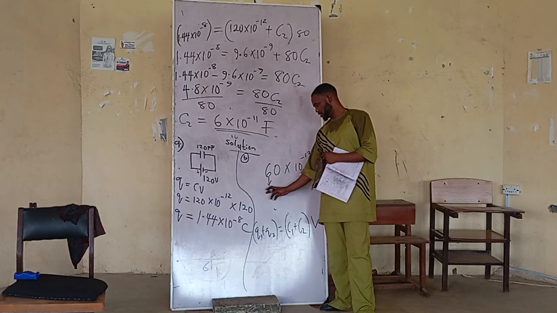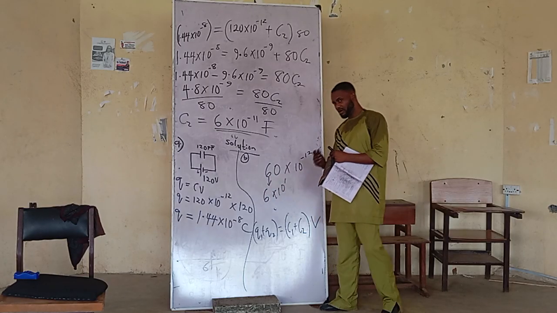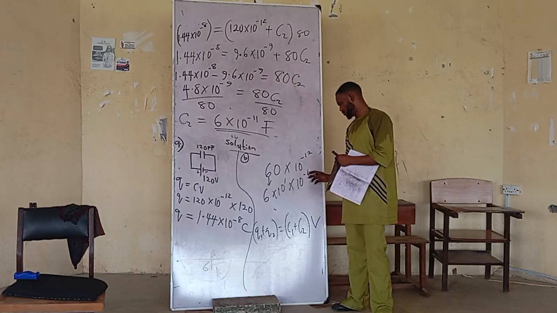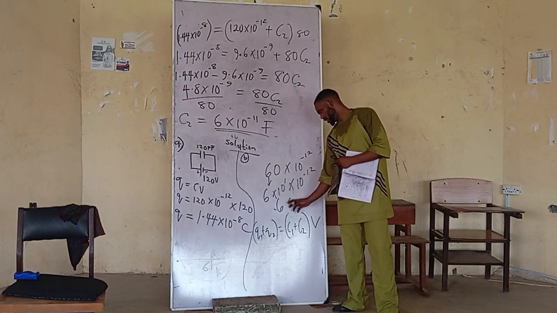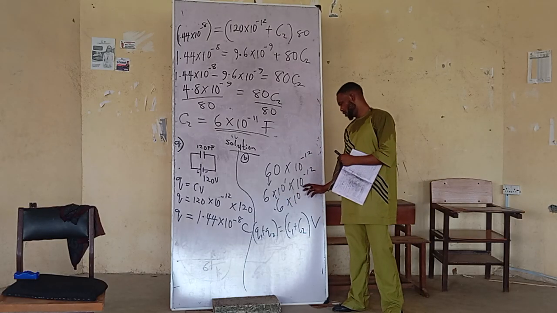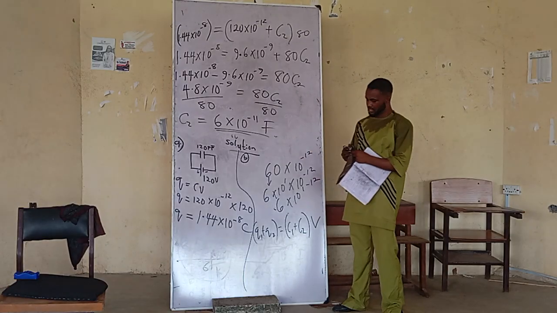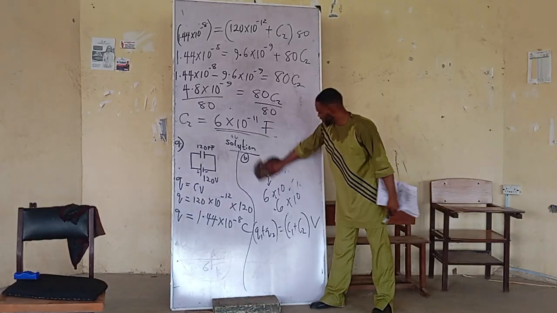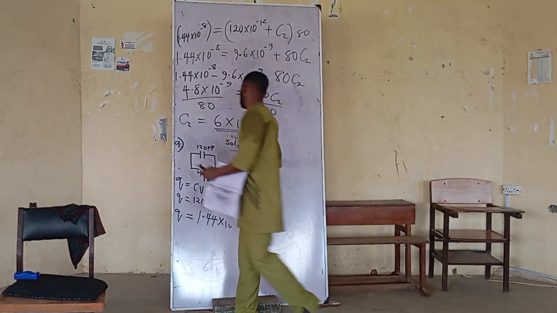This is presented as 6 times 10, this is just power 1, times 10 to the power minus 12. This is now 6 times 10 to the power 1 minus 12. It is well. Alright, let's go to the next one.